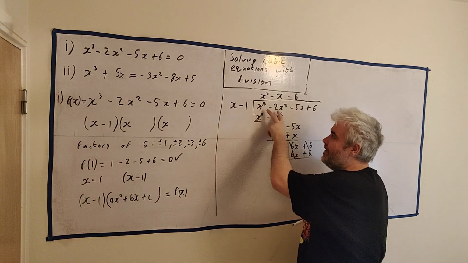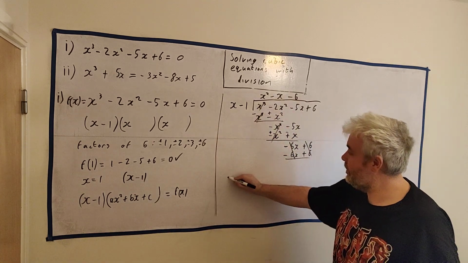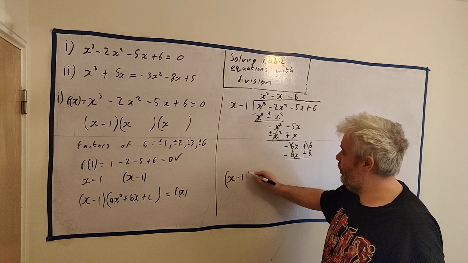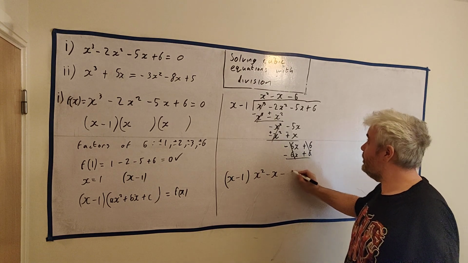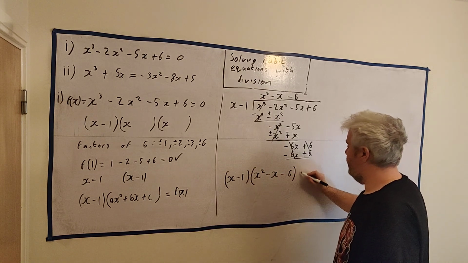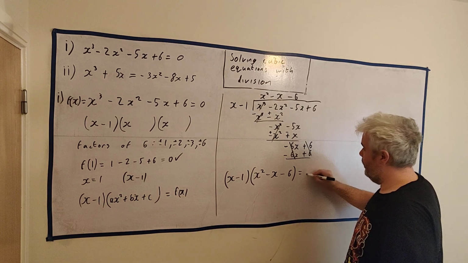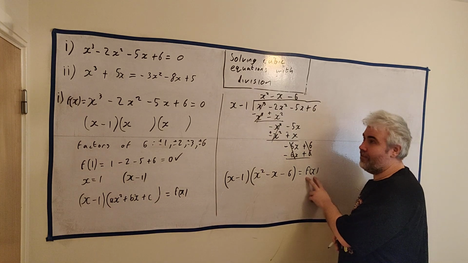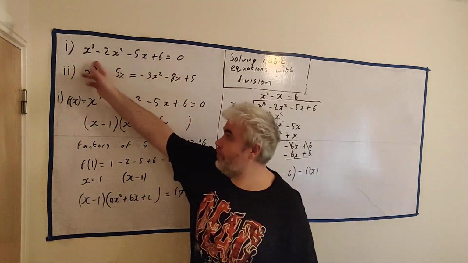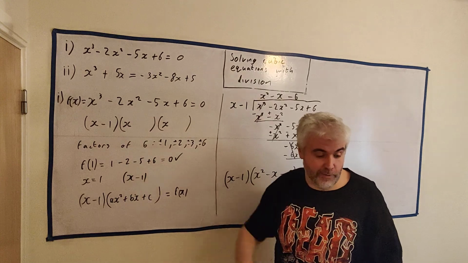So if this divides into this evenly, that means x minus 1 multiplied by x squared minus x minus 6 is equal to f(x). Now remember, I've made up f(x). f(x) doesn't exist. It's just this function here. But I do know it's equal to 0.